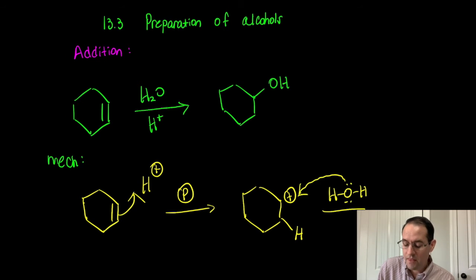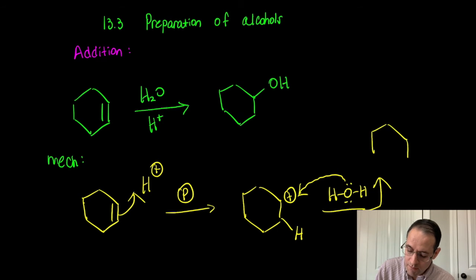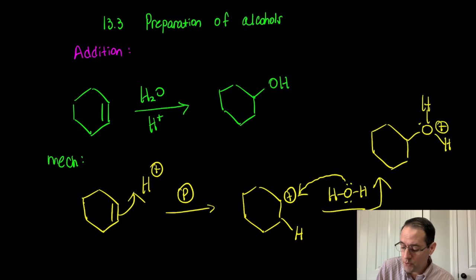And that's a common theme that we saw last year when you took the first course in organic chemistry. And you form an oxonium ion. I'll leave the other hydrogen off there. It's just kind of weird to show it at this point. And that's A for attack, right? Water is attacking that carbocation.